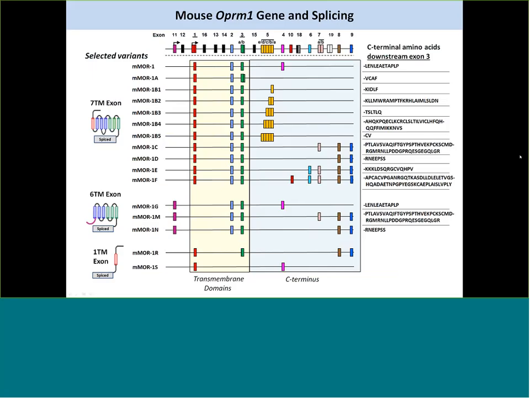This schematic gives you perhaps a better insight on a detailed level. What it shows is that for the 7-TMs, the full-length variants, they share the same exons 1, 2, and 3. Now, this is important because these are the exons that comprise all the transmembrane domains.